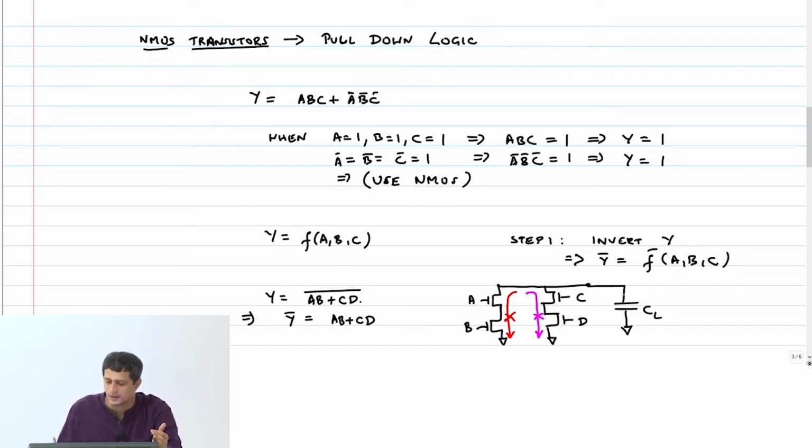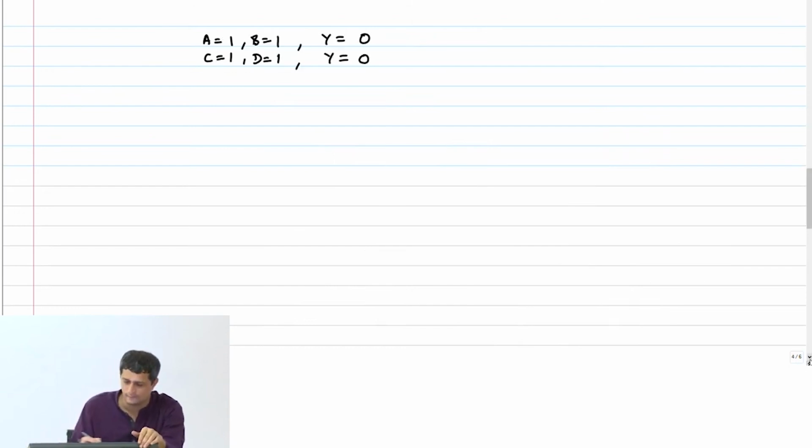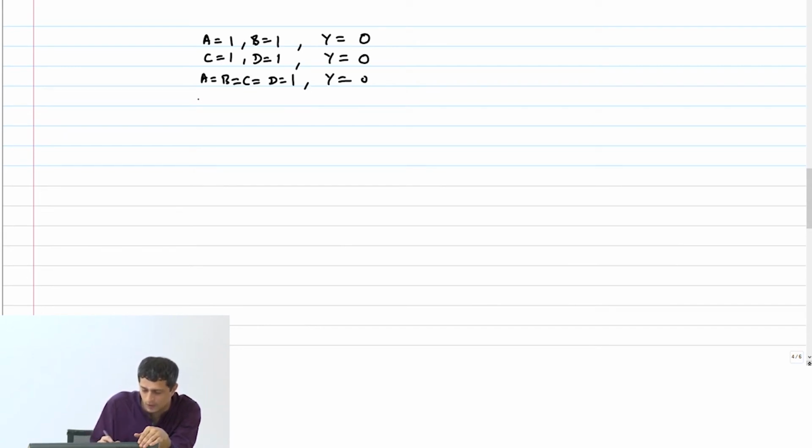So this capacitor will leak out slowly, but that is very slow. For all practical purposes, you can assume that the capacitor will float at that particular value for long enough. So A equal to B equal to C equal to D equal to 1 also gives Y equal to 0.